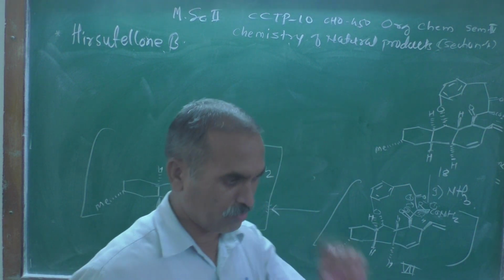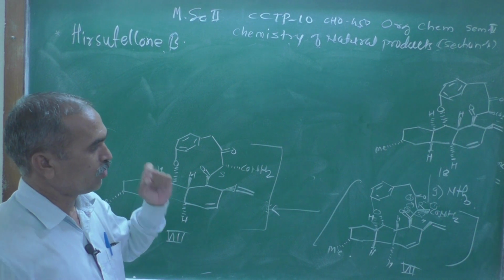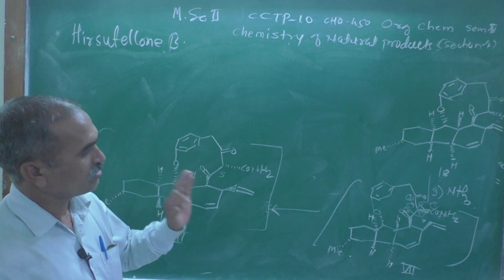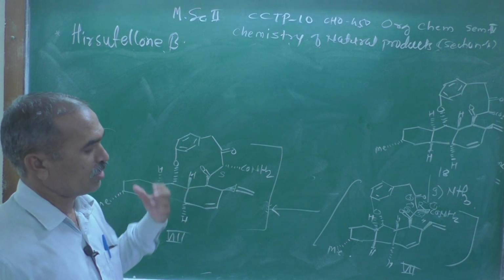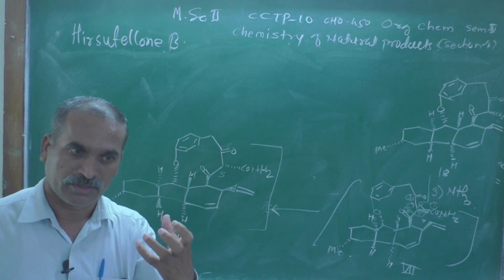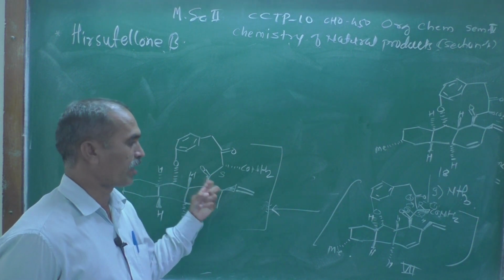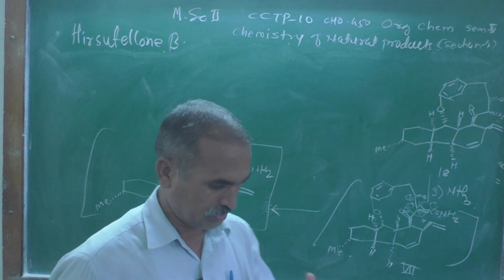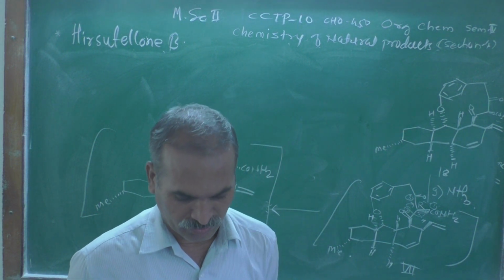So that is the general way. You should remember that the only change here is a configurational change, which occurs by adding the appropriate reagent. We can easily get this type of stereochemically inverted compound over here.